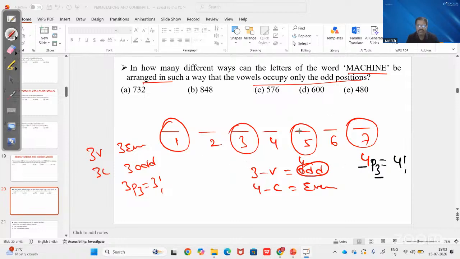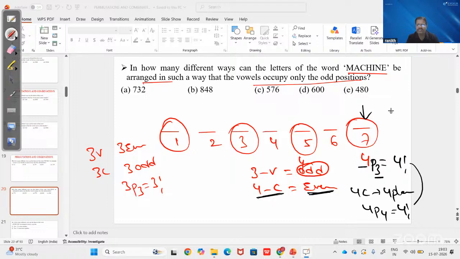So we are left with one more place pending. We have 4 consonants and only 3 even positions, but one odd position is pending. So 4 consonants in 4 places can be arranged by 4P4, which is also 4 factorial.